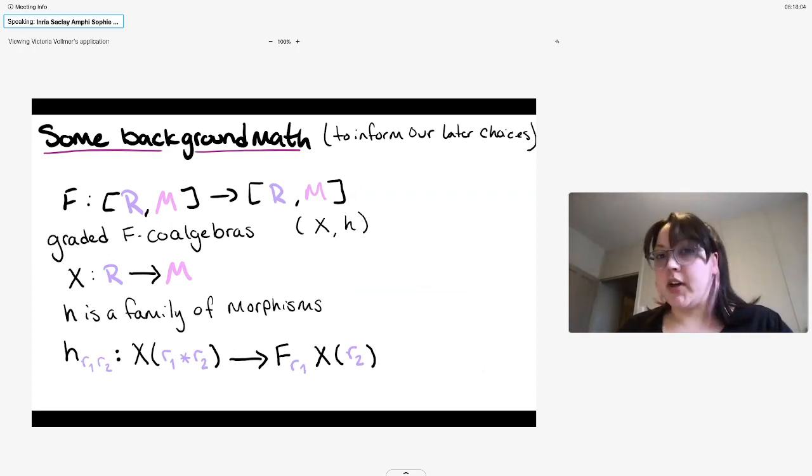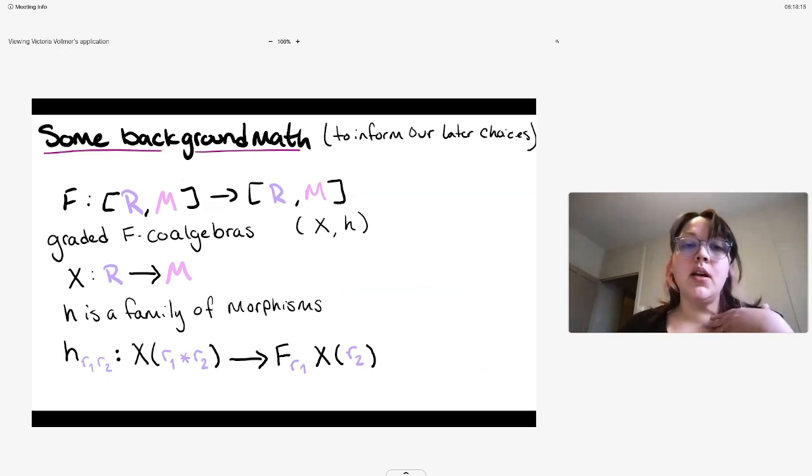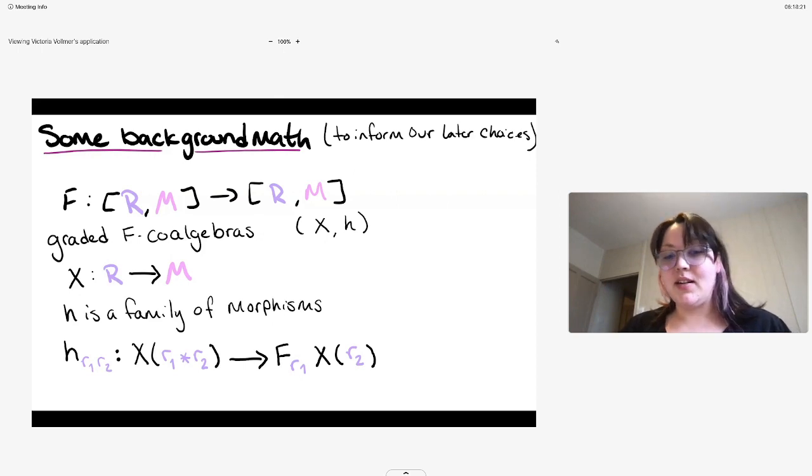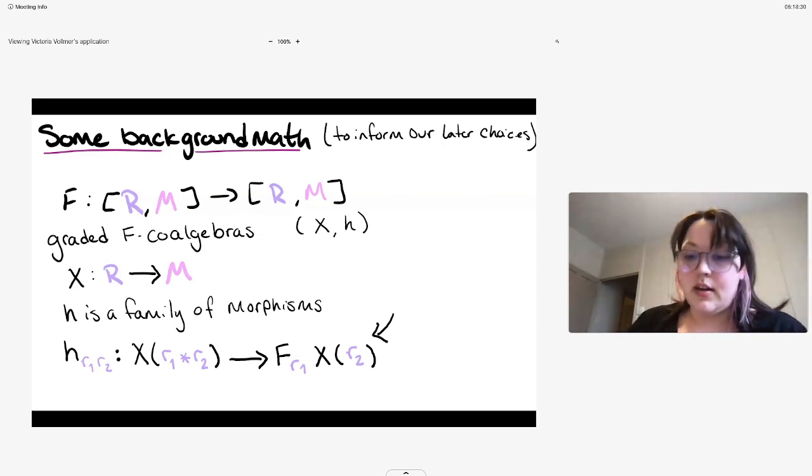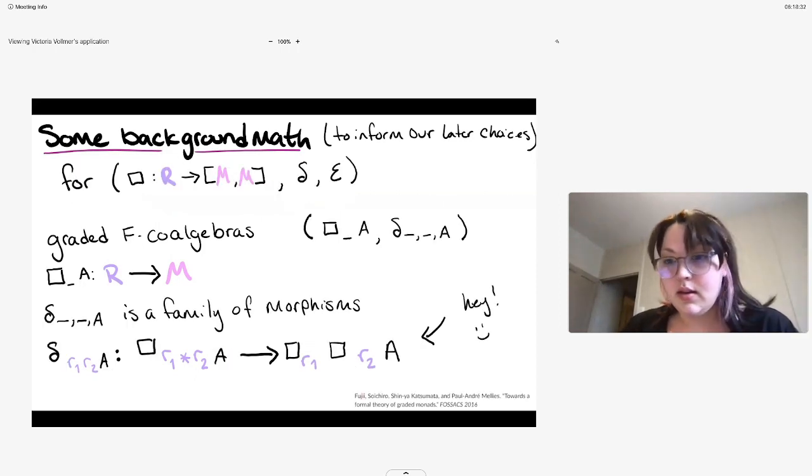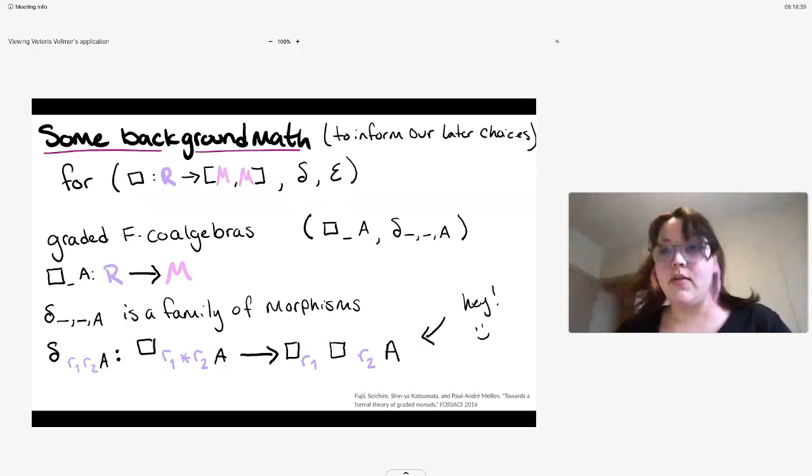So if we look here at the F coalgebras for a functor of this type, this would be easier if I could point to it. Then the expected type that we care about is this one down here, for these families of morphisms instead of just that.